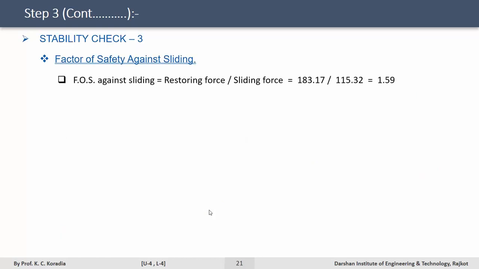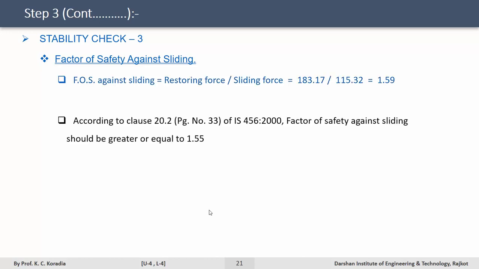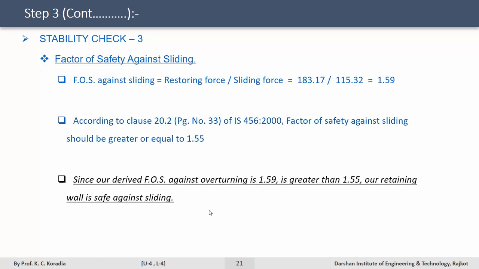Therefore, factor of safety against sliding is equal to the ratio of resisting force to the sliding force, which comes out to be 1.59. According to clause number 20.2, page number 33 of IS 456-2000, factor of safety against sliding should be greater than or equal to 1.55. As our factor comes out to be 1.59, which is greater than 1.55, hence our retaining wall is safe against sliding.